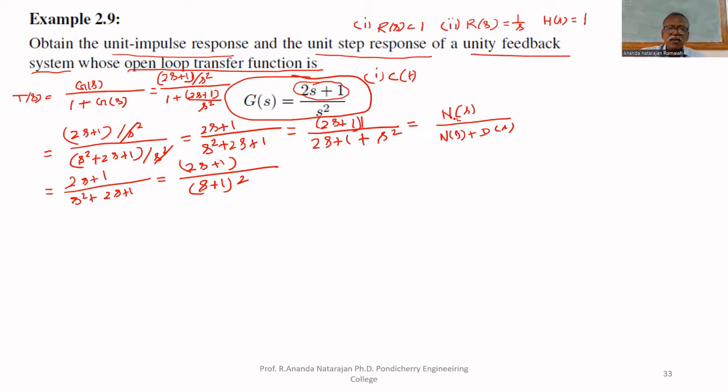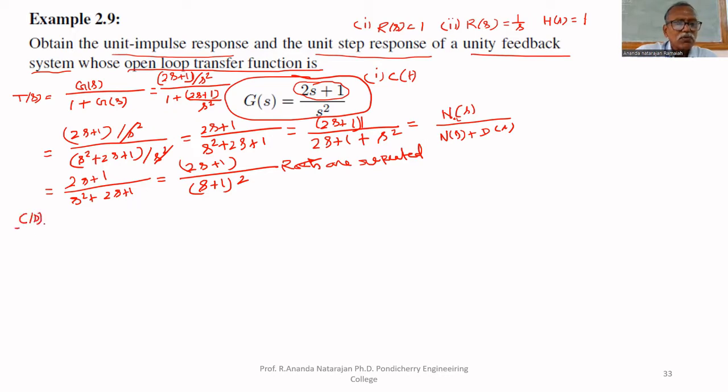So the roots are repeated. Roots are repeated, minus 1 comma minus 1.